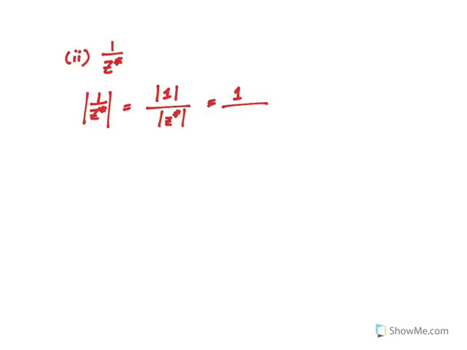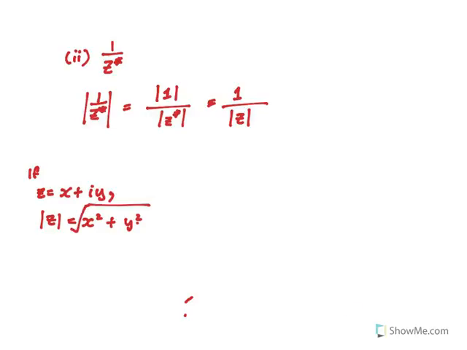And what will be the modulus of Z asterisk? Remember, the modulus of Z asterisk is actually the same as the mod of Z. If Z is equal to X plus iY, the mod of Z is the square root of X squared plus Y squared.